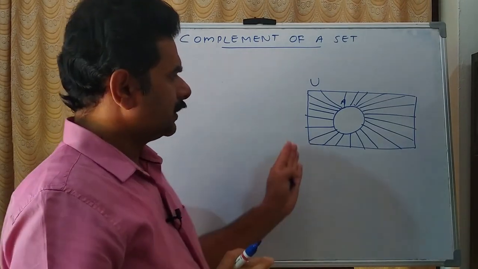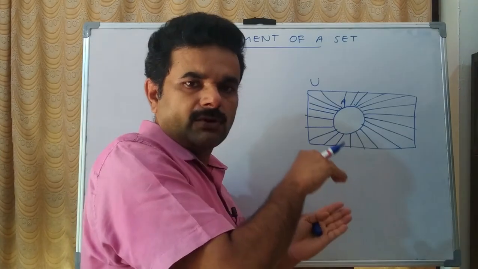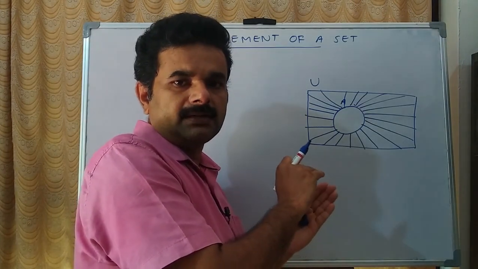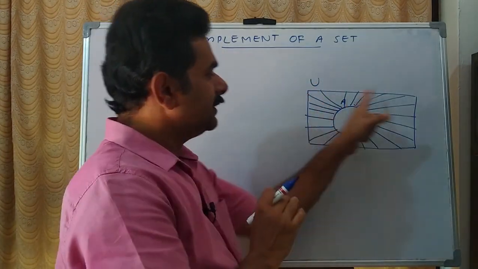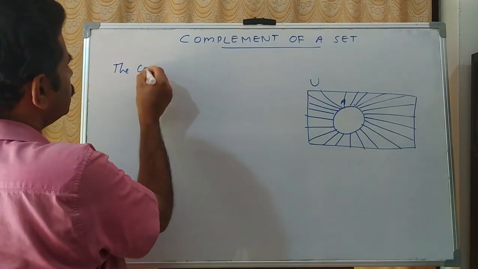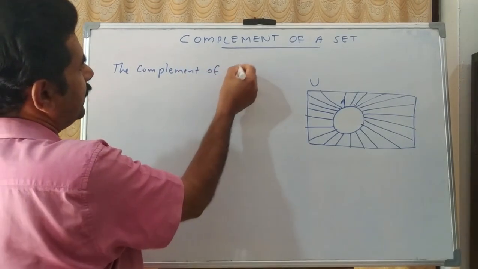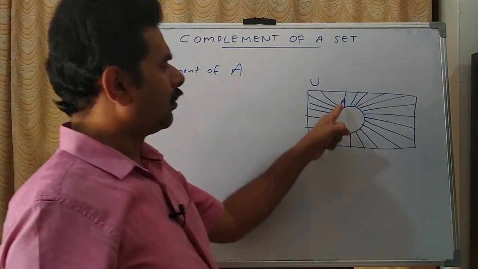Okay. So the shaded area means what? The area inside the universal set but other than A. This shaded part is called the complement of A. Complement of this set.